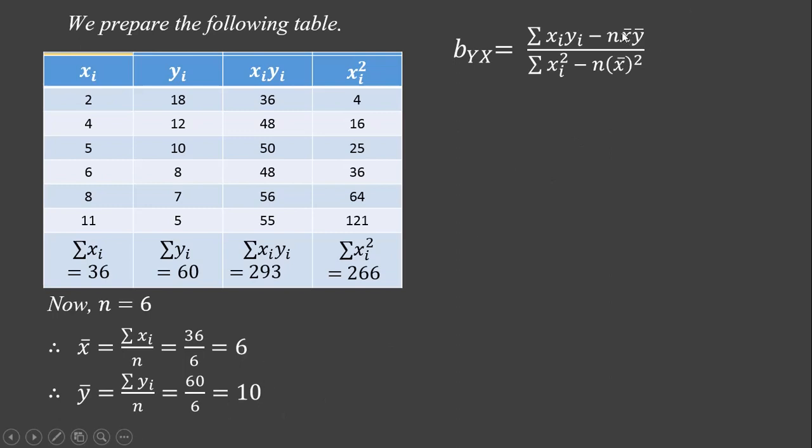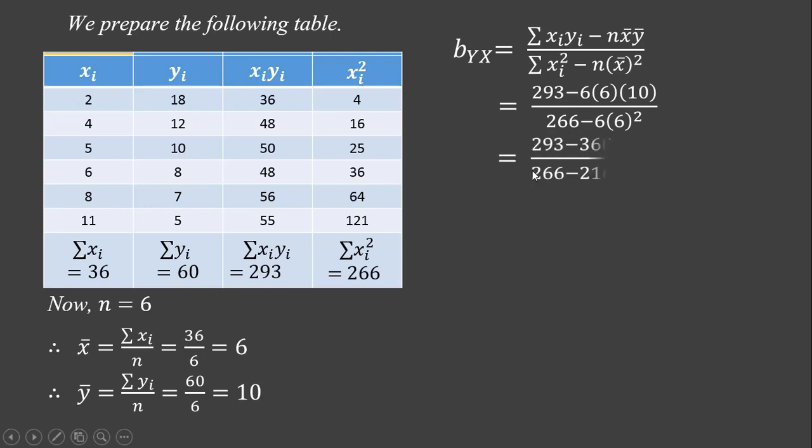We substitute these values here in this formula and we calculate byx. So we get summation xi yi 293 minus n is equal to 6, x bar is equal to 6, y bar is equal to 10, upon summation xi square 266 minus n is equal to 6 and x bar square, x bar is 6 square.